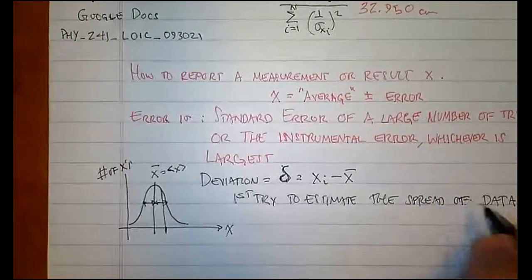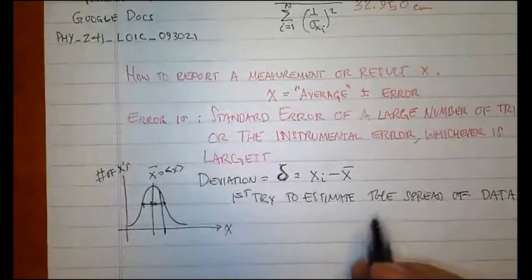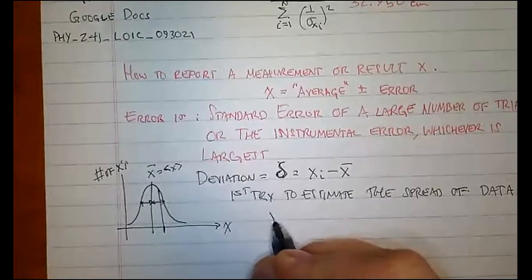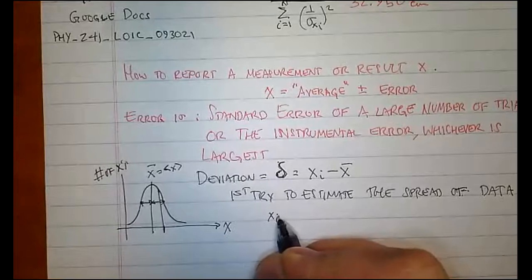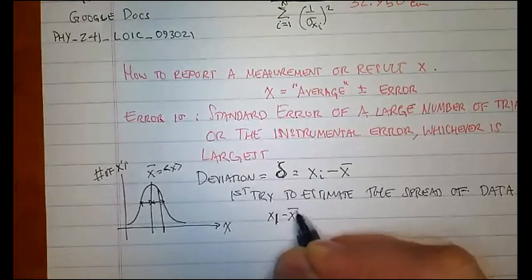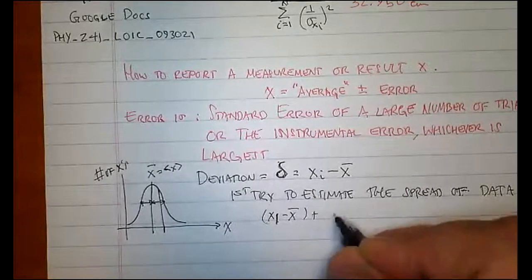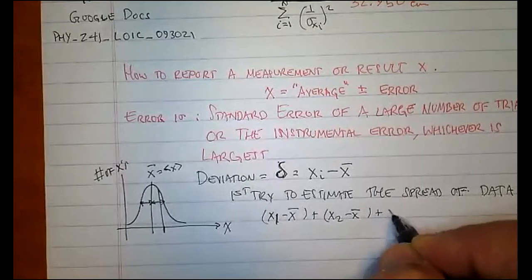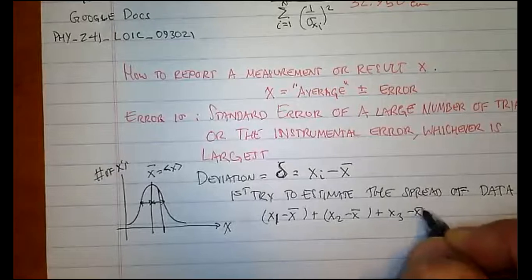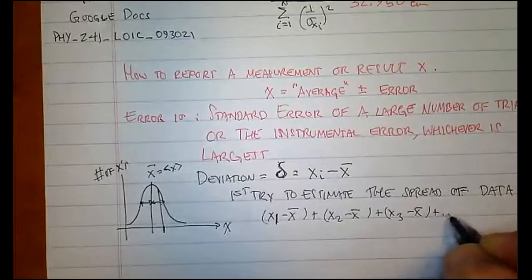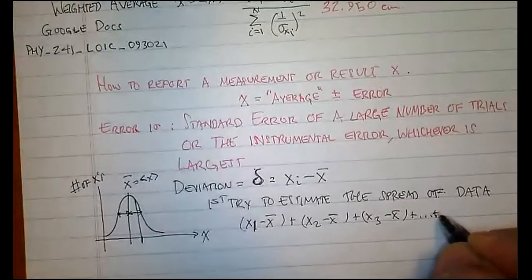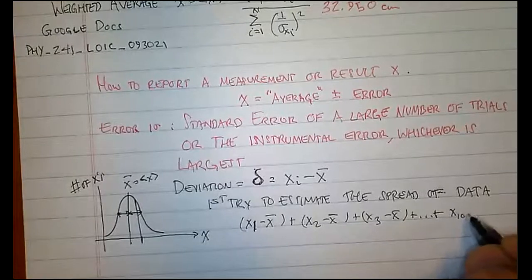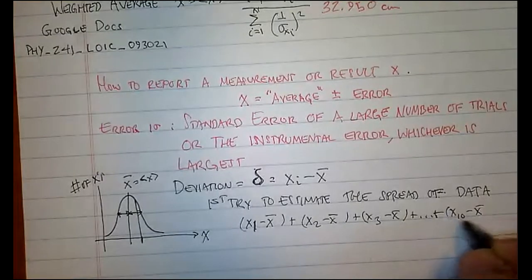So my first attempt at estimating the spread of the data would be to take x1 minus x bar plus x2 minus x bar plus x3 minus x bar, and so on up to plus x10 minus x bar.